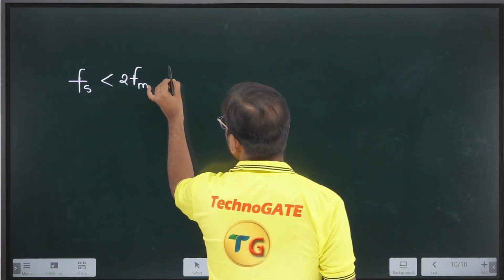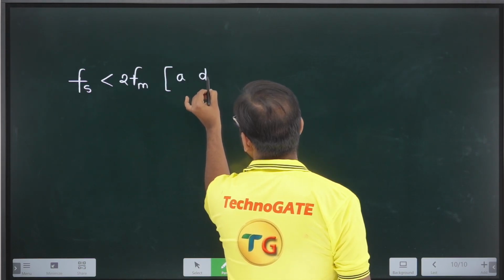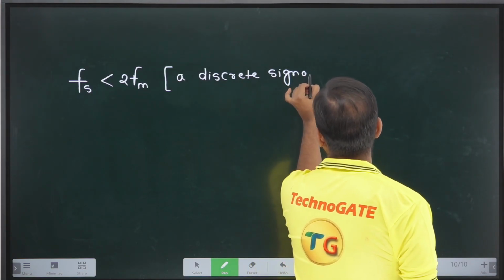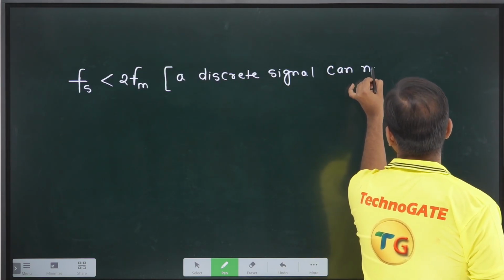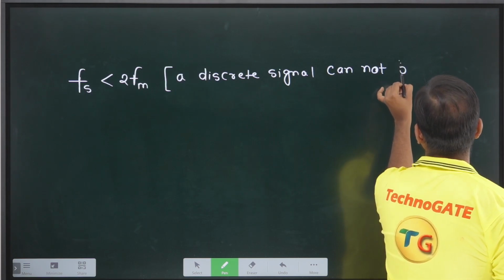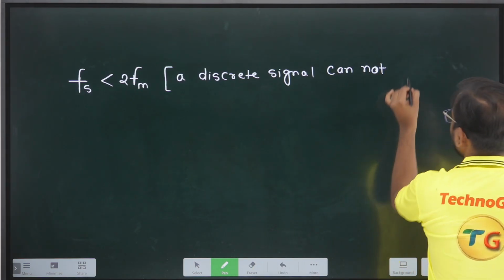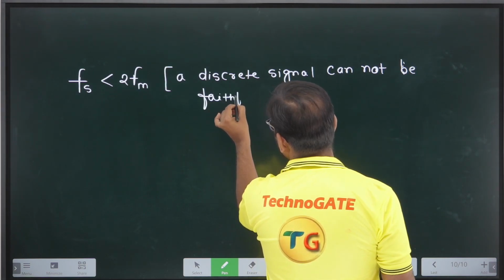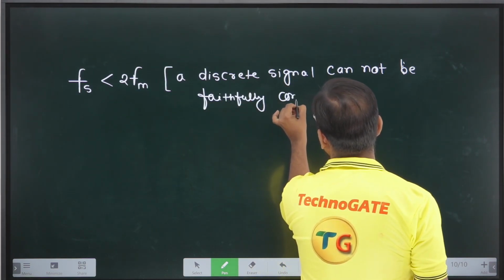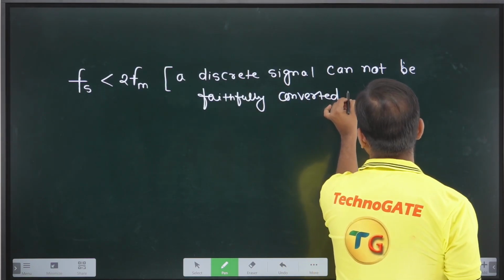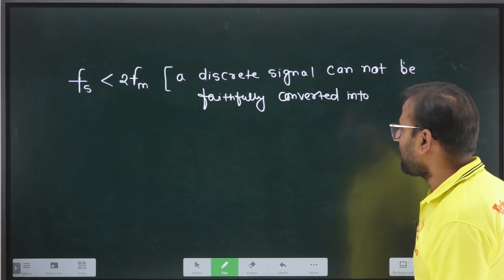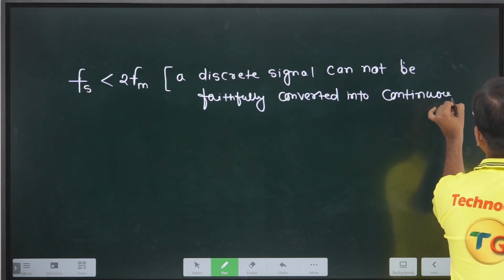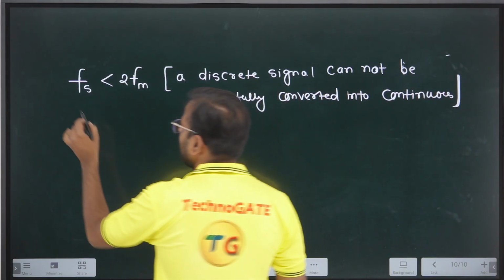This means a discrete signal cannot be faithfully converted into a continuous time signal. This is not satisfying the Nyquist criteria.